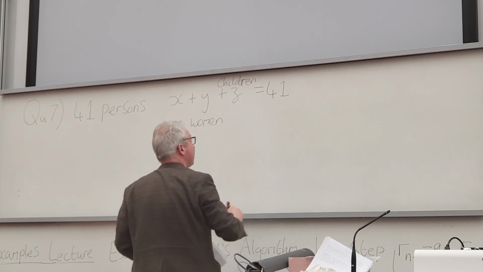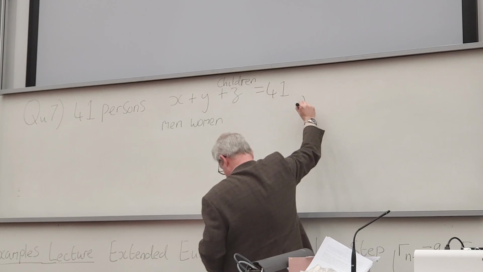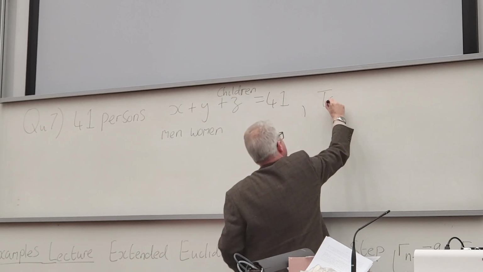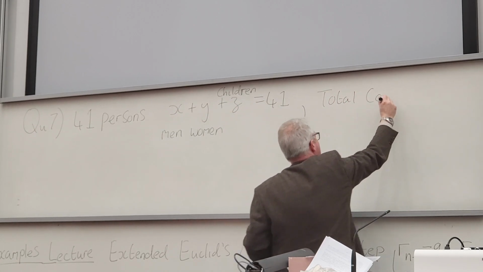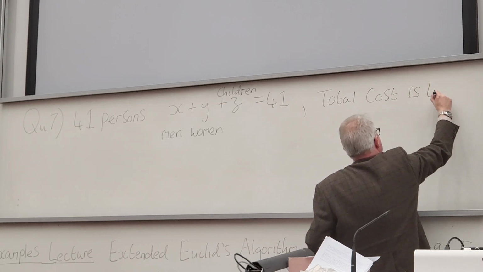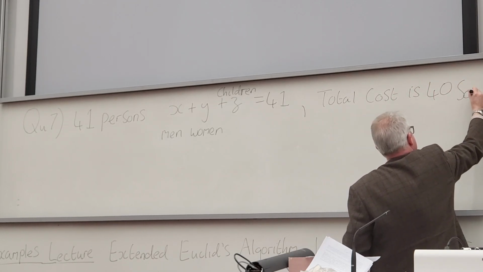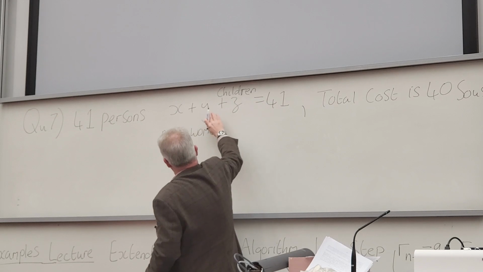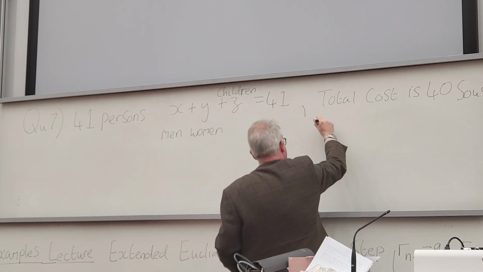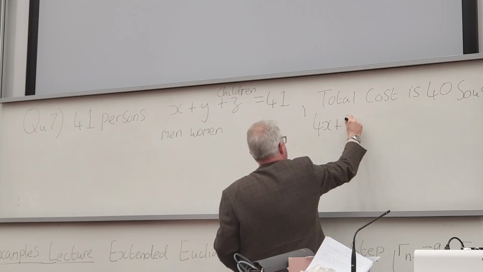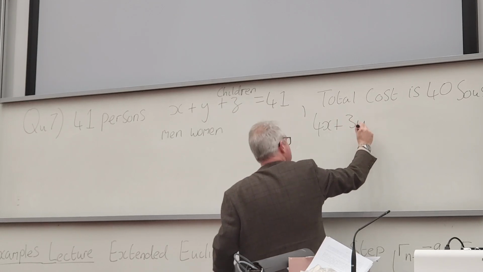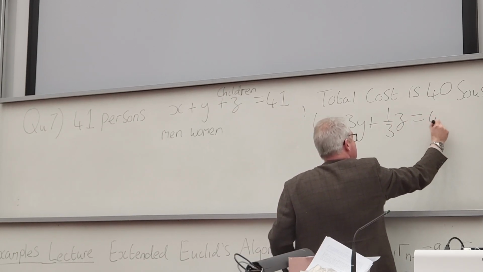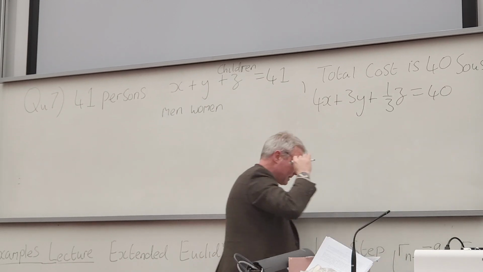That the total cost is 40 sous, and we'll get 4 for each man, 3 for each woman, and a third for each child. So 4x plus 3y plus a third z is 40. So it's slightly obfuscated.